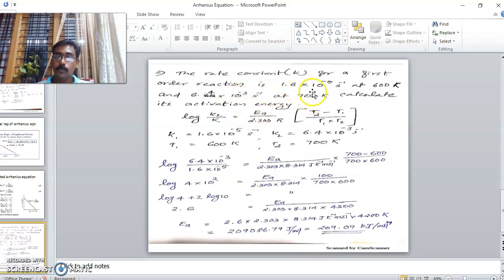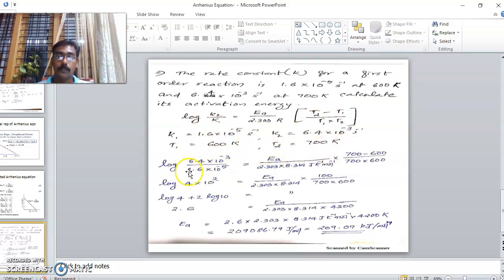Since we have two different temperatures and two different rate constants, we can make use of the Arrhenius integrated expression log k2 by k1 is equal to Ea divided by 2.303 R into T2 minus T1 divided by T1 into T2, where k1 is 1.6 into 10 raised to minus 5, k2 is 6.4 into 10 raised to minus 3 second inverse, T1 is 600 Kelvin and T2 is 700 Kelvin.